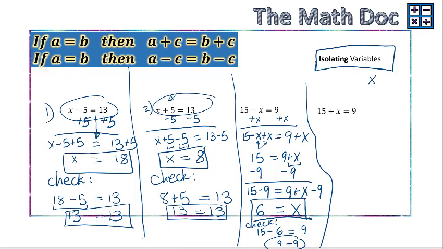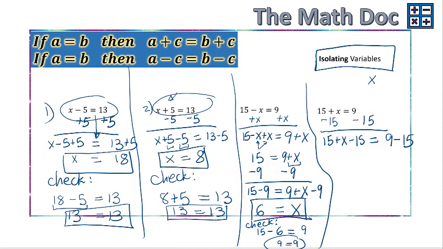the equation, and we want to isolate it. How do we isolate it here? Let's try to subtract 15 from both sides of our equation. We have 15 plus x on the left-hand side, so in order to isolate x, we just have to take away that 15. So 15 plus x minus 15 equals 9 minus 15.